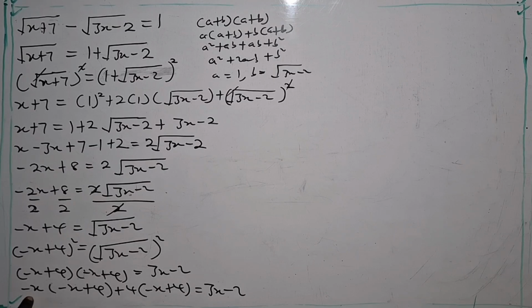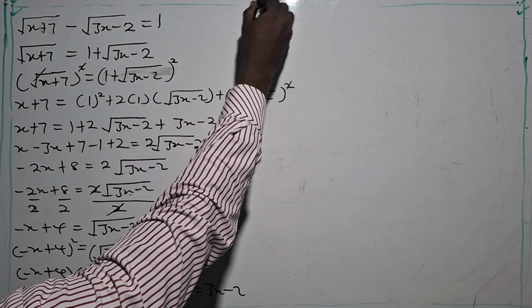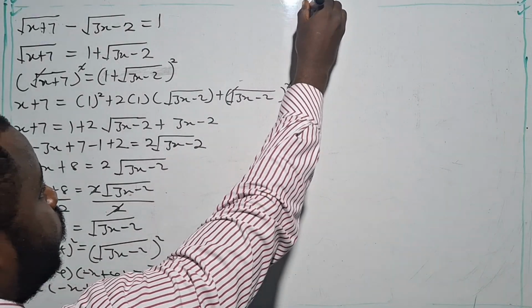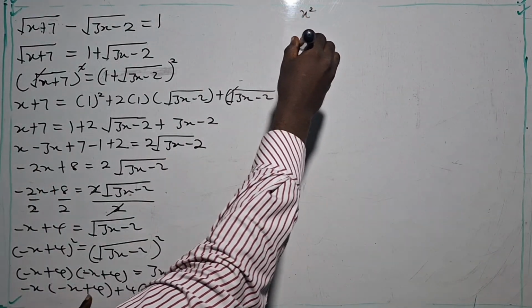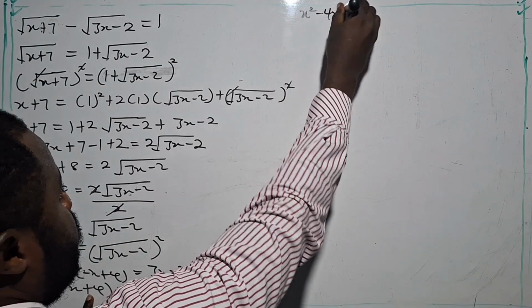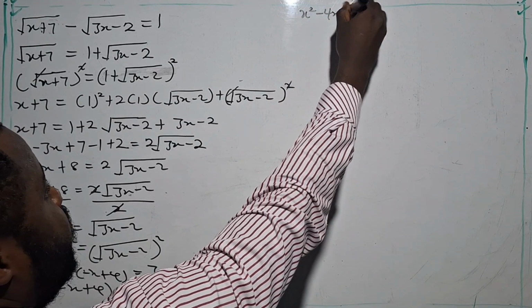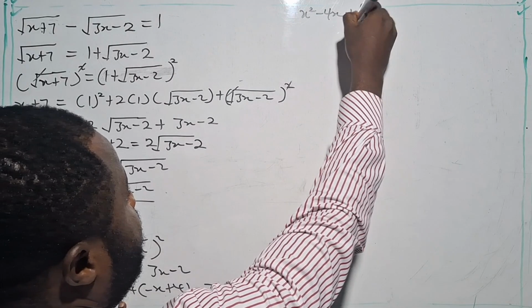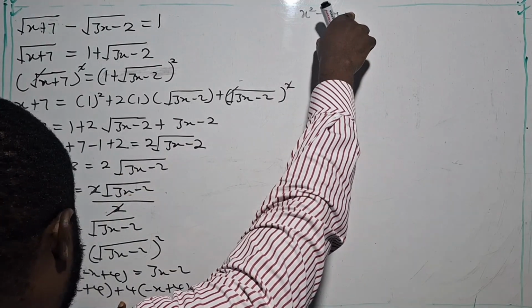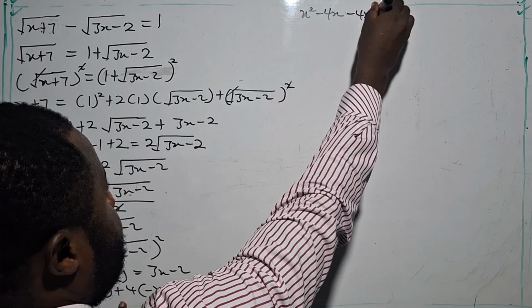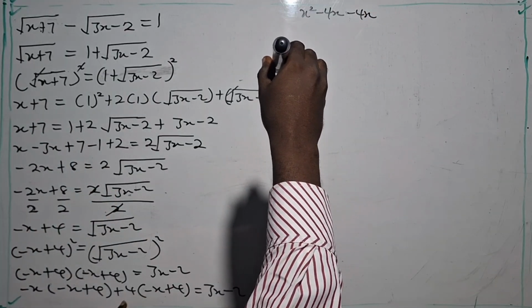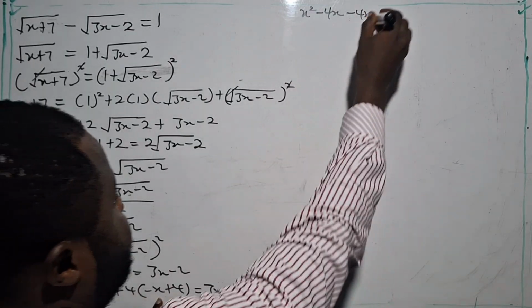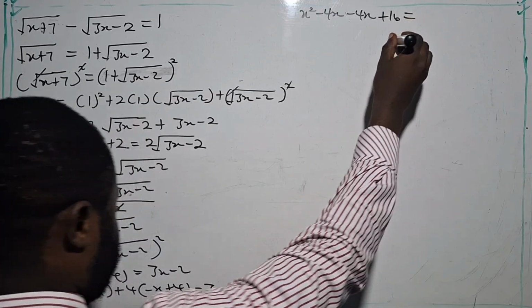Negative x times negative x will give us x squared, then minus 4x, then positive times negative, this one will give us minus 4x, then plus 16 is equal to 3x minus 2.